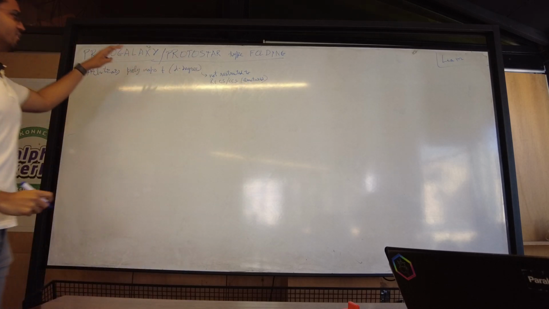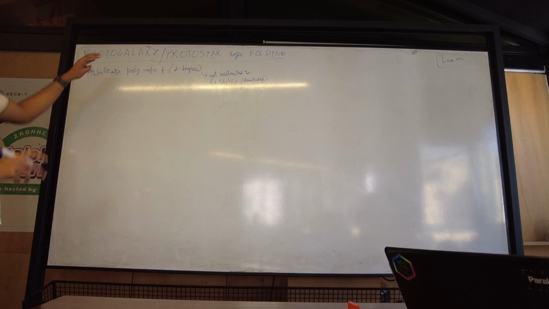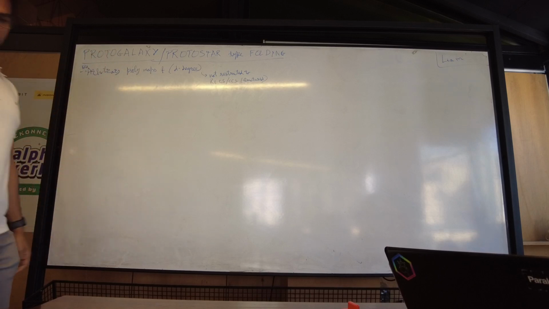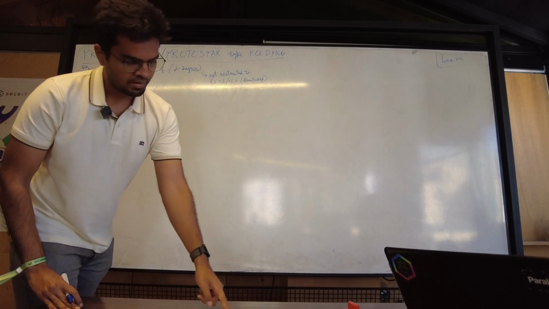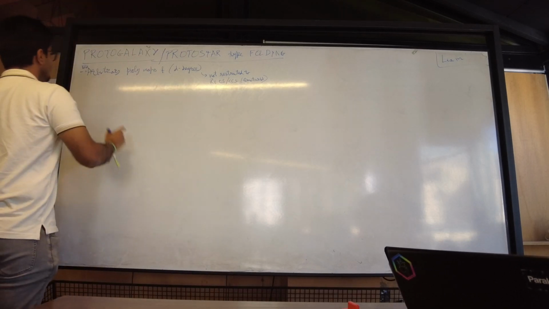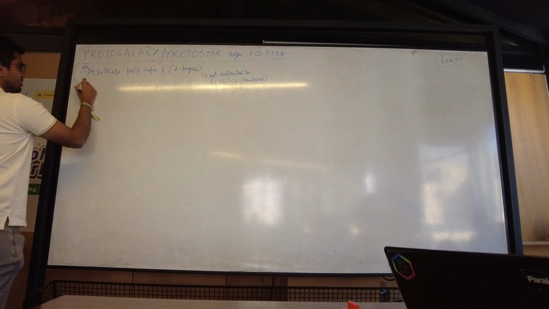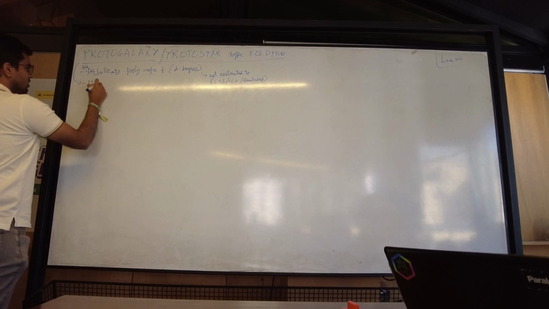So Protostar is kind of a generalization of Nova type of folding to more arbitrary polynomial systems. And Protogalaxy is just multiple Protostar.